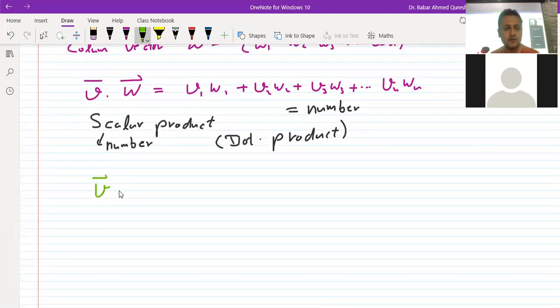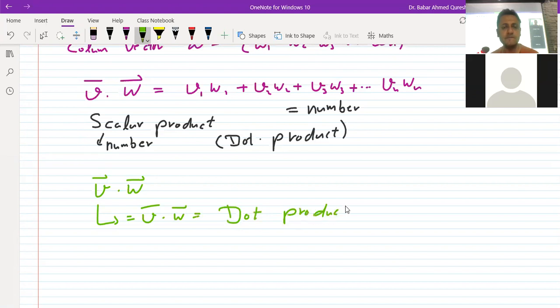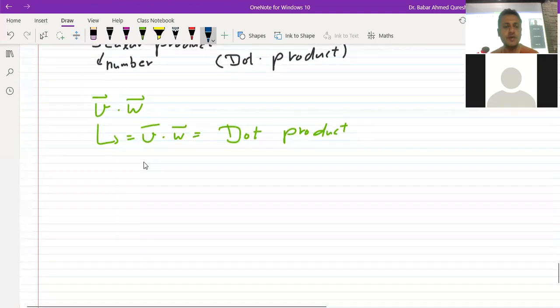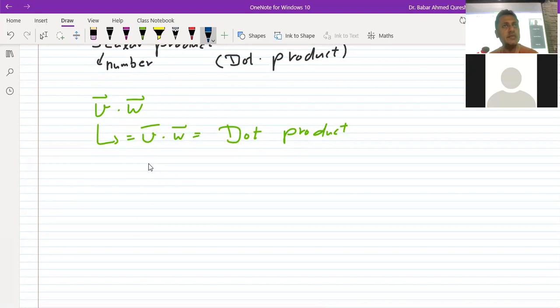All you have to do is, if you are given two vectors, convert one into a row. And then you know the formula. And this is just the dot product. So in other words, strictly speaking, it's between a row vector and a column vector.